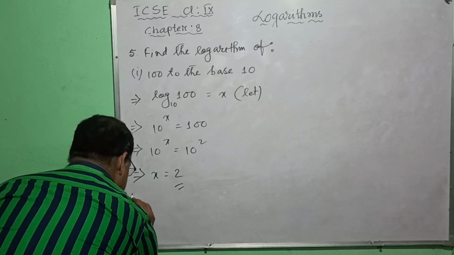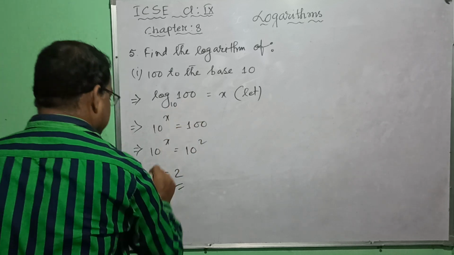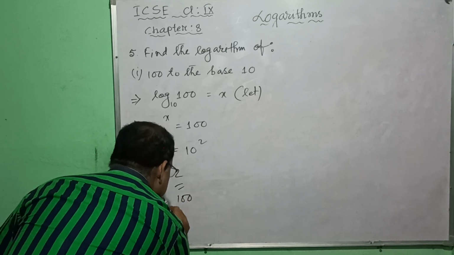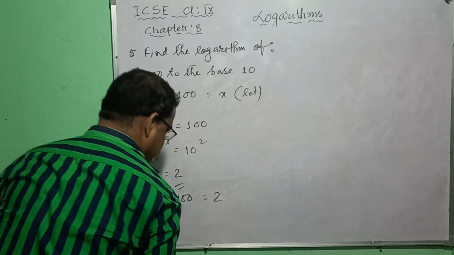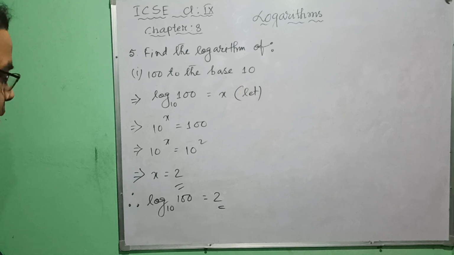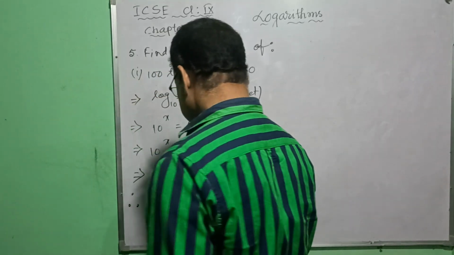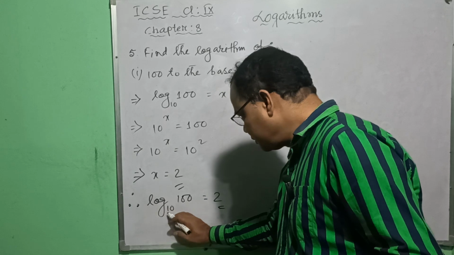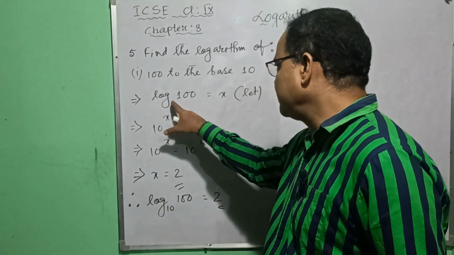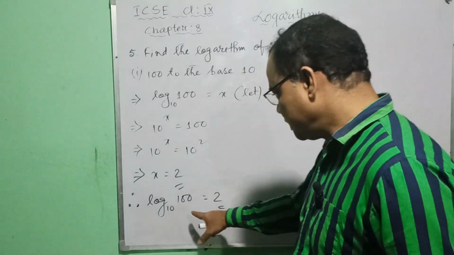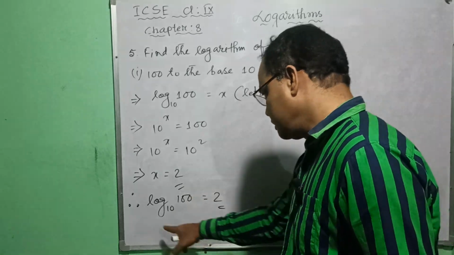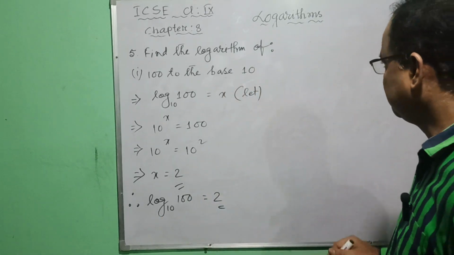Therefore we can write log 100 base 10 equal to 2. So we take x for helping. After finding, we have to write it: therefore log 100 base 10 equal to 2, because we took x as log 100 base 10. So we must write the answer. If we do only up to this, it is not correct. So at last we have to write the answer.